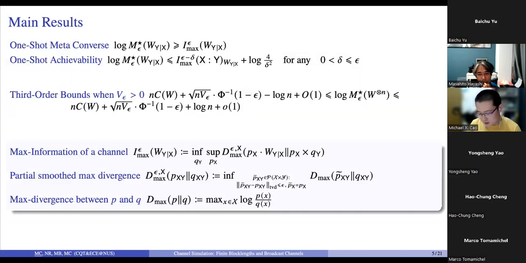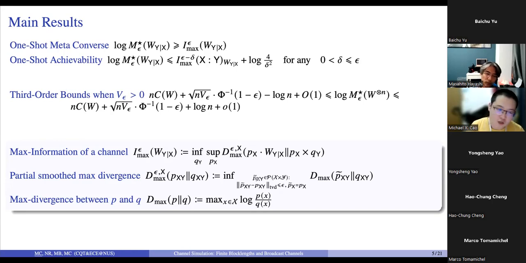So I'll briefly go through the main results of our work, and then I will only talk about some of them in detail. We have a one-shot achievability and converse in terms of smooth max information, where the smooth max information is defined in terms of partial smooth max divergence, which uses the max divergence but draws an epsilon ball around the joint distribution while fixing PX.